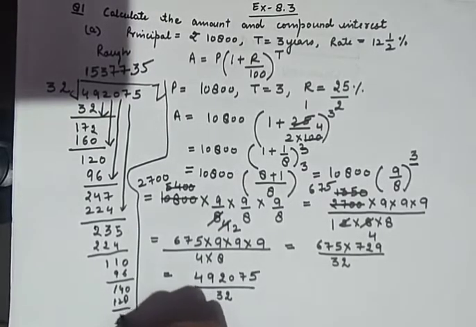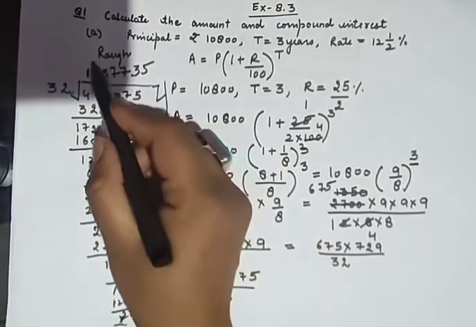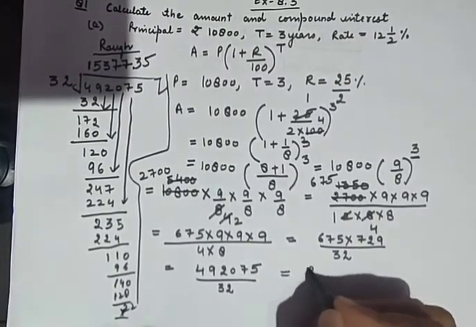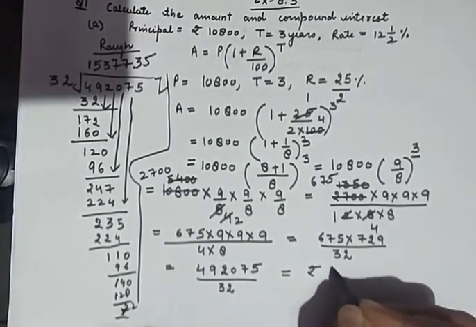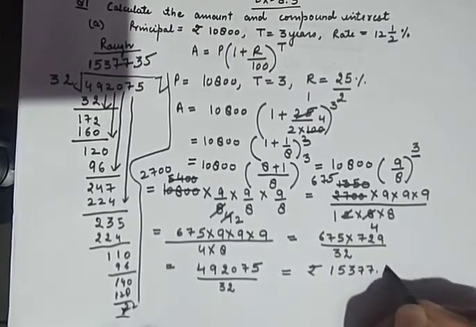Okay, although it is not totally finished, it is up to you how many decimal points you want to take. I want to take only 2 decimal points, so my answer will be 15377.34.